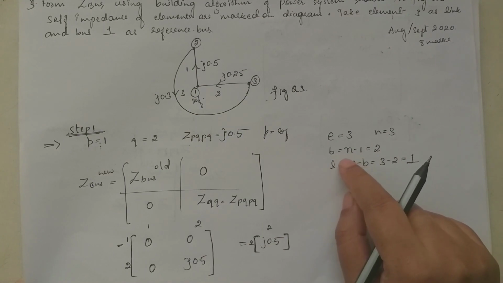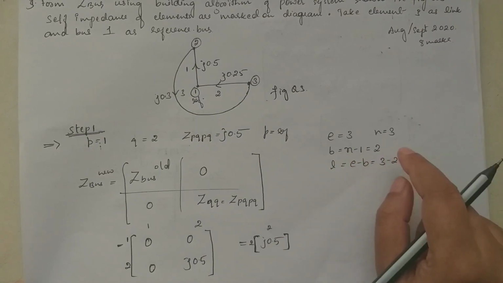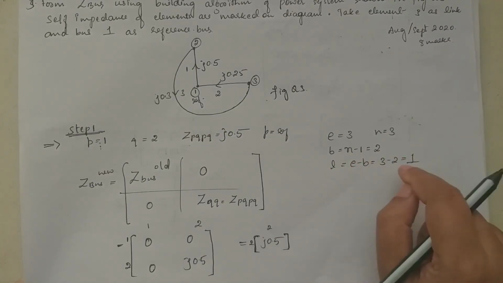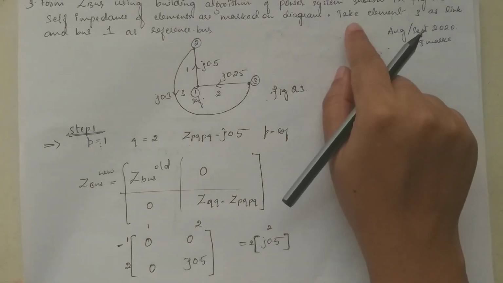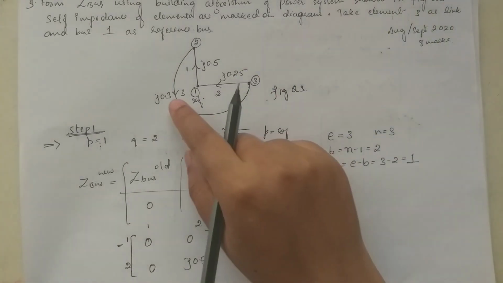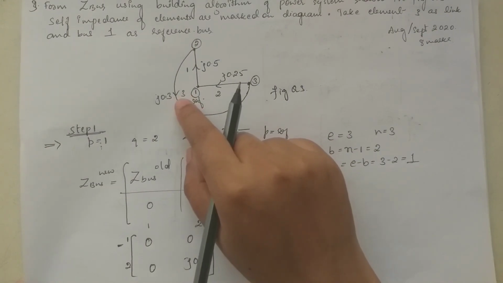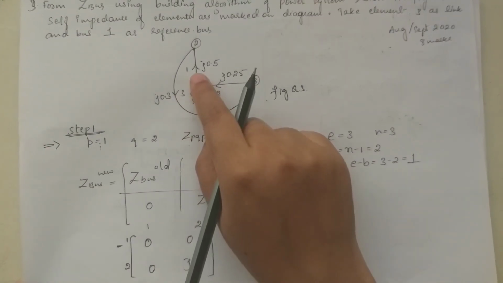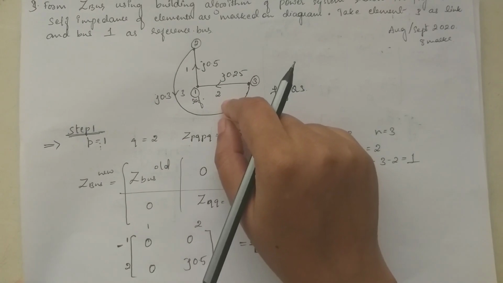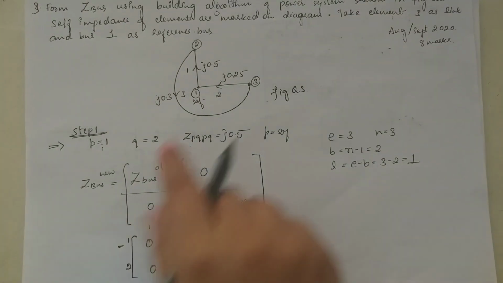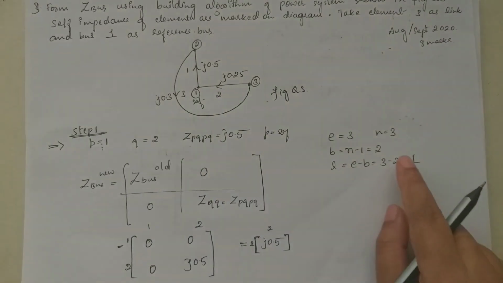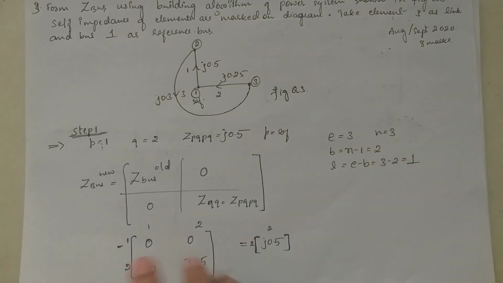Number of branches is n minus 1, which is equal to 2, and links is E minus B, which is equal to 1. Also it is mentioned to take element 3 as a link. If we take element 3 as a link, then elements 1 and 2 should be branches. Therefore, the second element is also a branch because the total number of branches is 2.